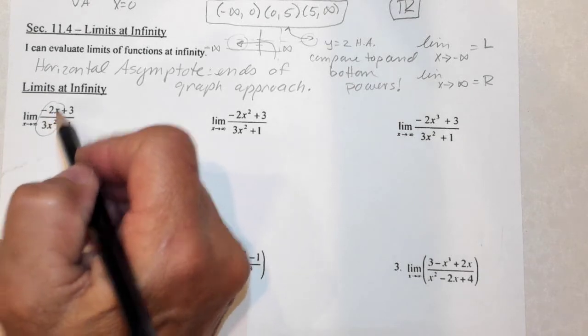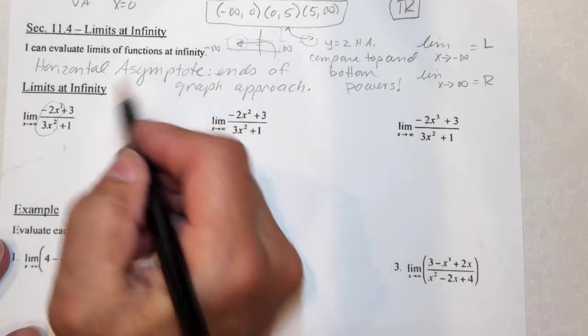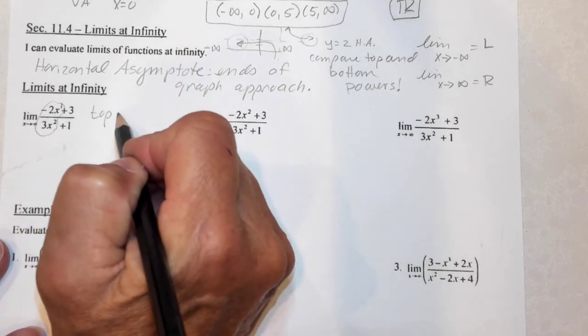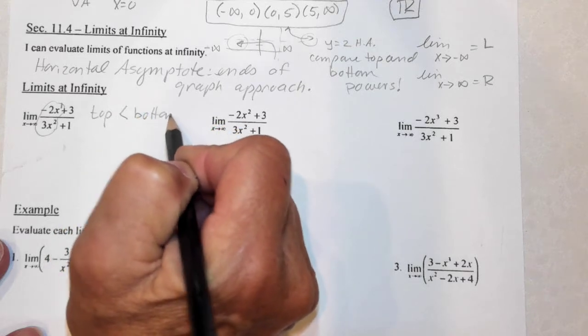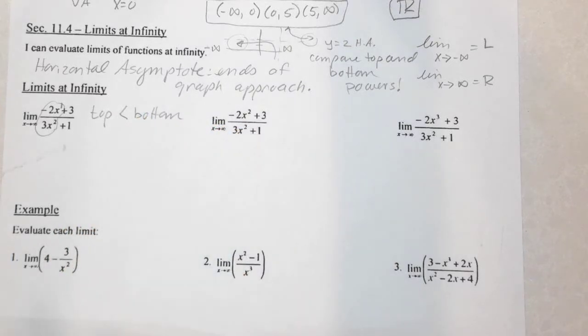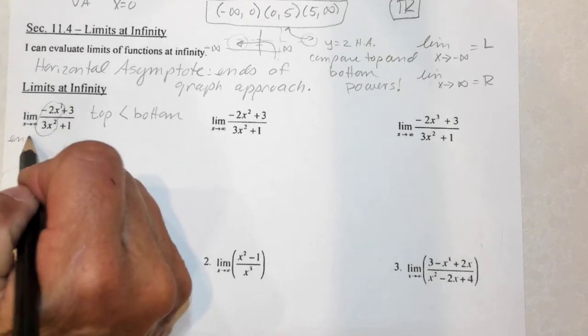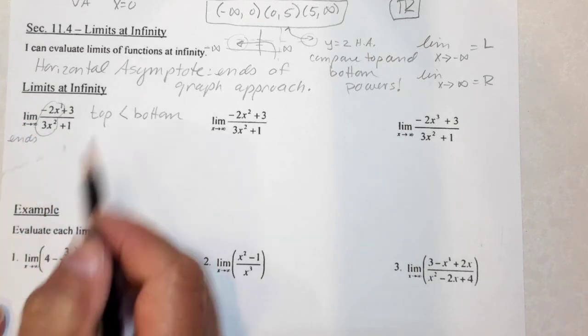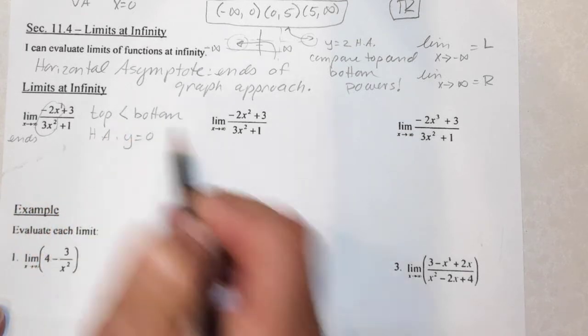In this case, the top power is a 1 and the bottom power is a 2. So I'm in the situation where the top degree is less than the bottom. And every single time that happens and your x is approaching infinity, so you're looking at the ends of this graph, you're going to have a horizontal asymptote at y equals 0.